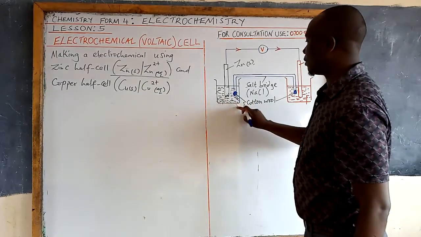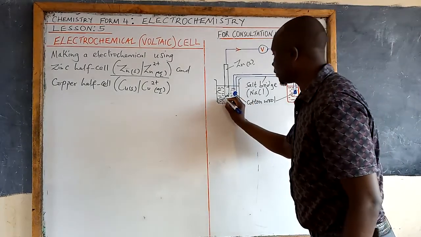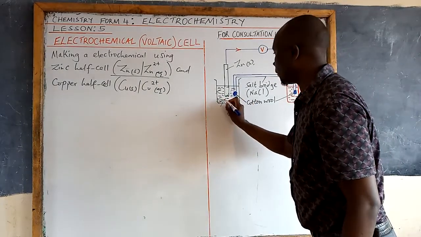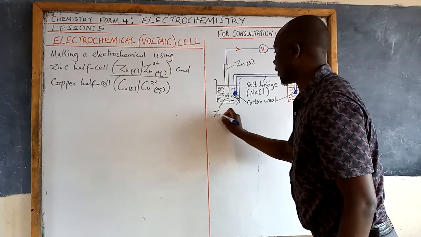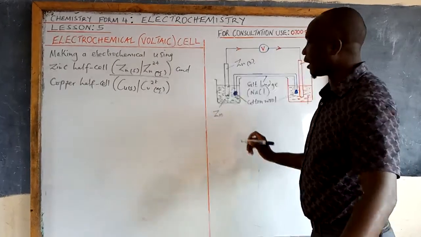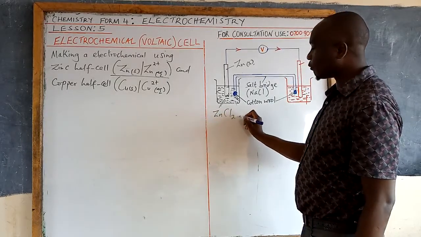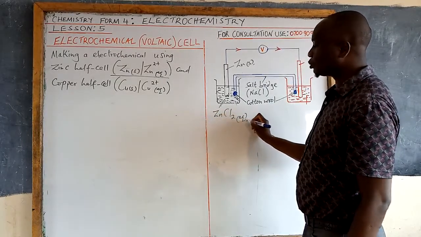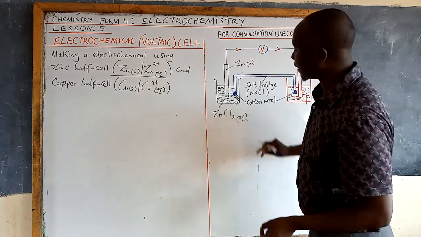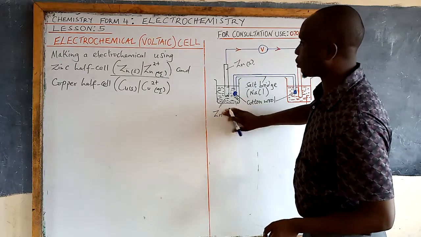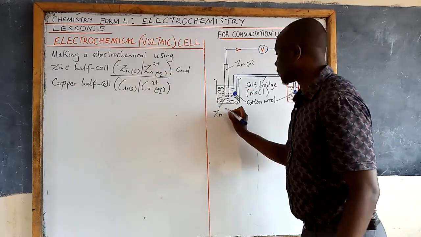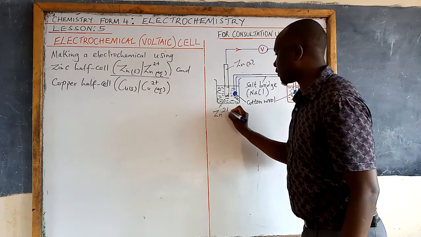And then inside the solution, this is where, like the solution I used, zinc chloride. You can write the entire formula of the solution, zinc chloride solution, or you can even just write the zinc ions only. Here the anions are not very important.